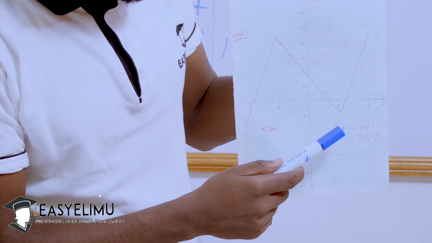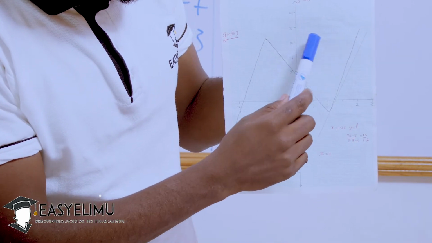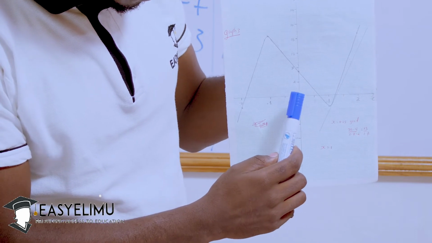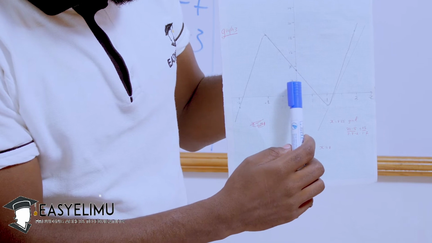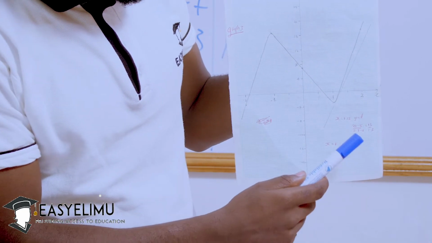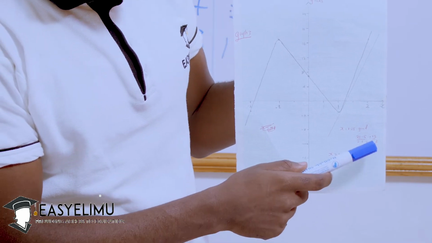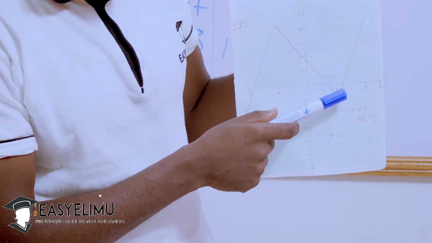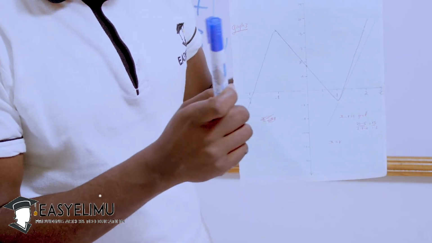So I selected 20, which is at the maximum here, and another one at 5, which is at the lower point. On doing that, I'm getting 20 minus 5 over 3.7 minus 2, and I'm getting the gradient of the tangent at that point as 15 over 1.7.